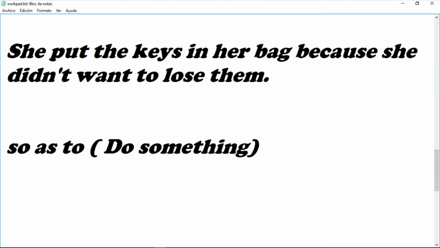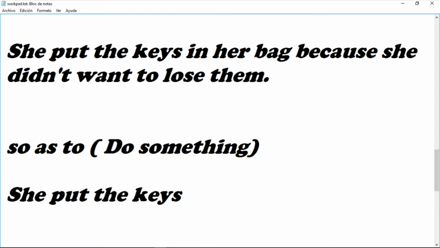So what is the purpose here? The purpose is not lose the keys. This is a negative. Very good. So I'm going to start the sentence and say she put her keys in her bag.